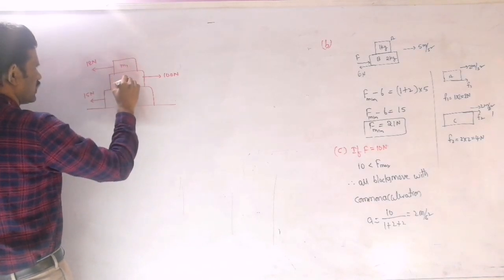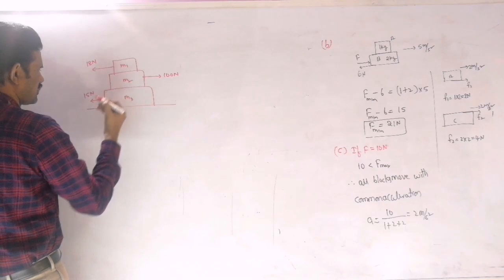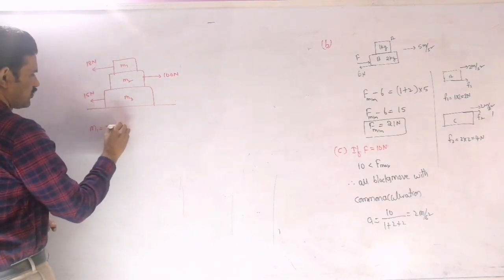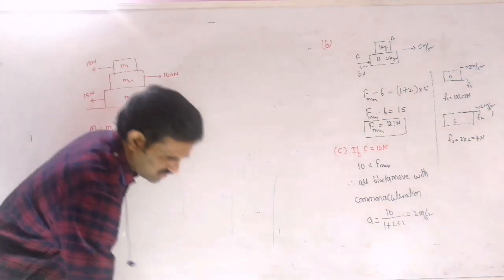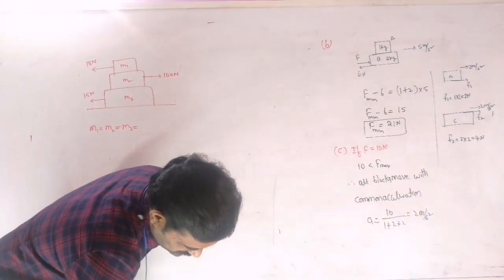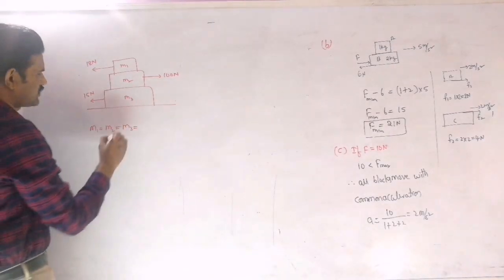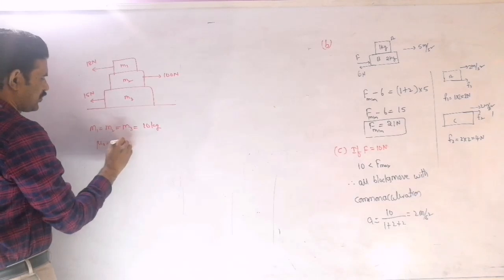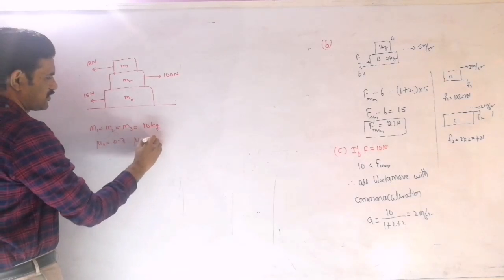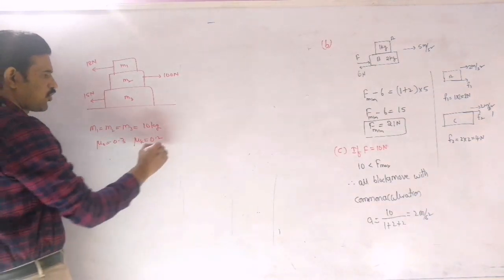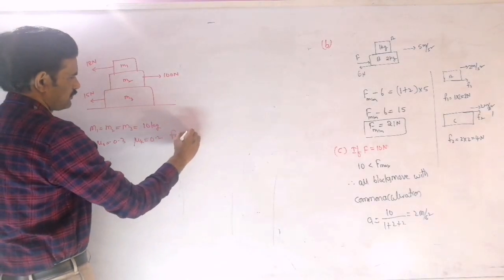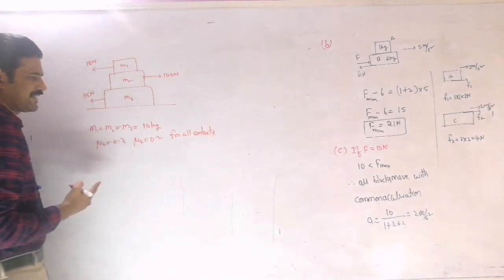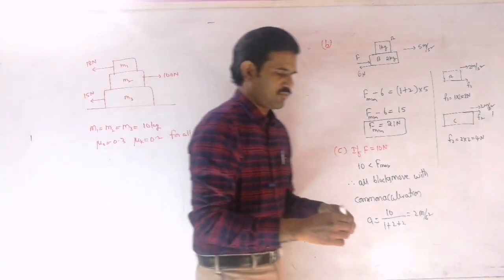These are M1, M2 and M3, and M1 is equal to M2 is equal to M3. That means all the blocks are the same, and each is 10 kg, mu s is 0.3 and mu k is 0.2. This is for all surfaces, so for all contacts these values are the same, and the masses of the blocks are shown there.